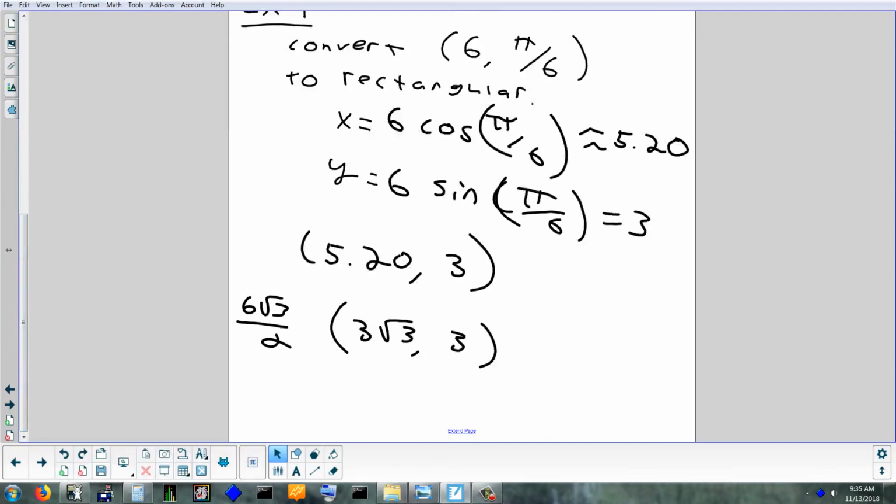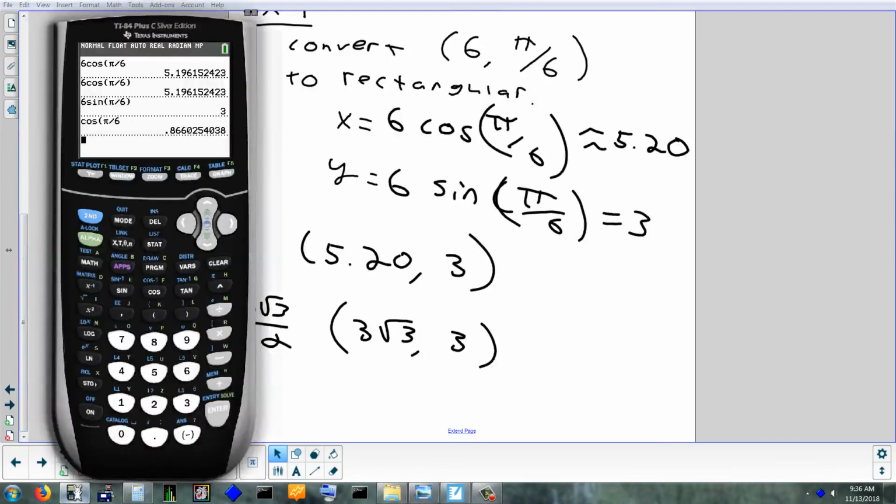Might see that on a test. Now, if you're looking at that, you might wonder how I got 3 root 3. Well, what I did is I took the cosine of pi over 6. Pi over 6, Derek told us, was 30. Any angle that's a multiple of 30 or 45, we have a nice way to write the answer.